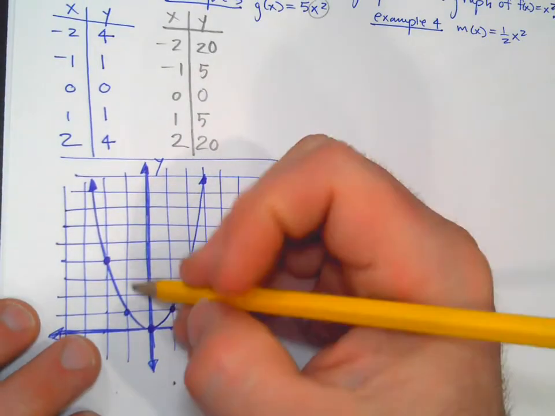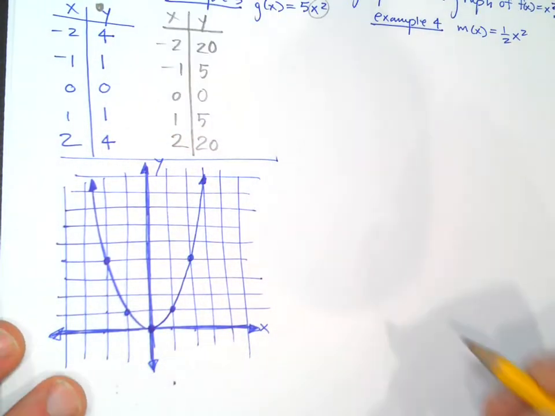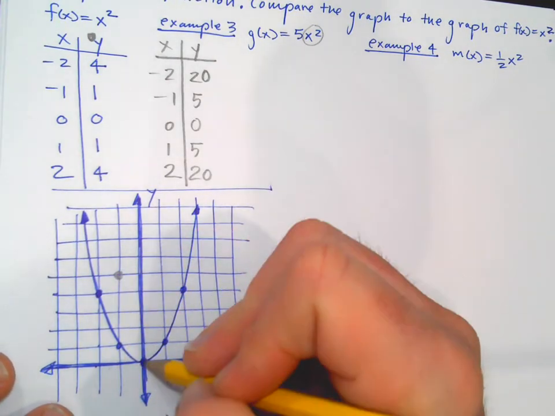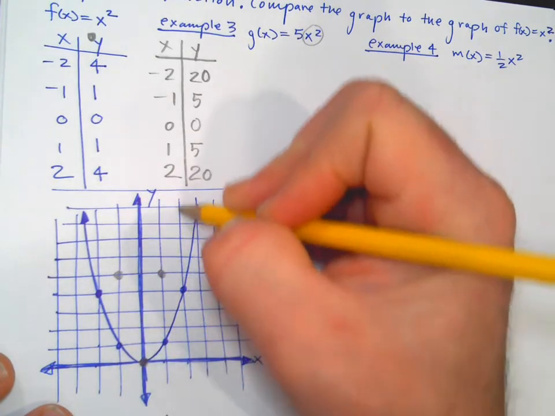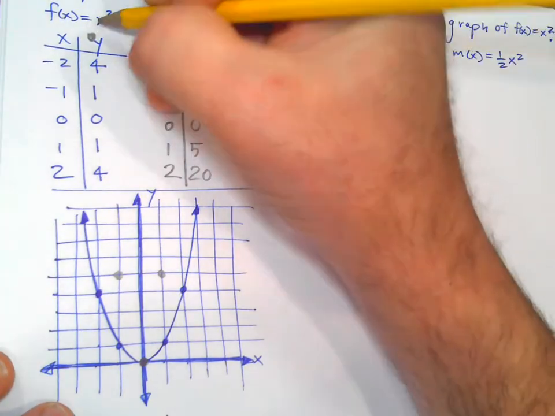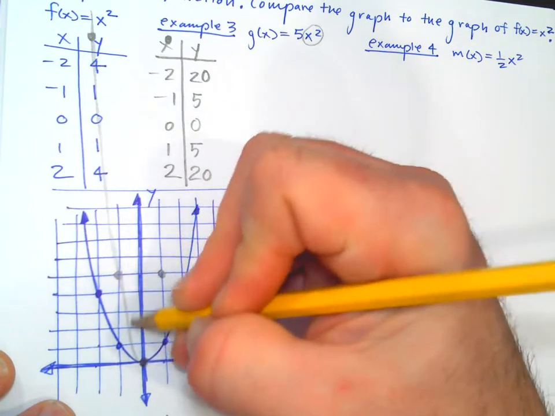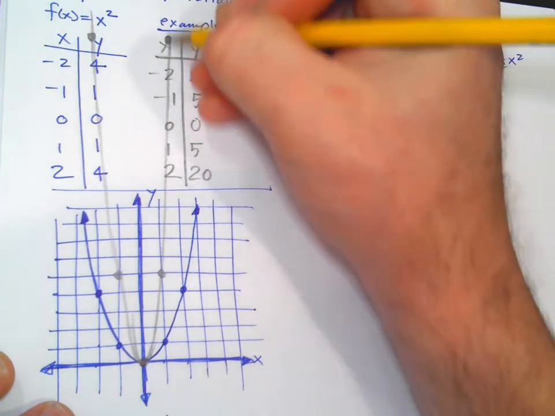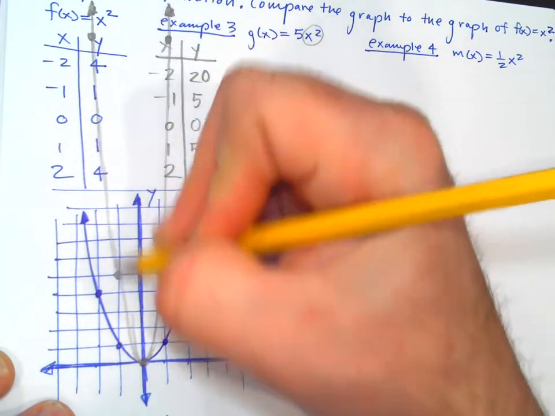So -2, 20 would be all the way up here. -1, 5 is going to be right here: left 1, up 5. 0, 0 is there. 1, 5: you go right 1, up 5. 2, 20: you go right 2, up 20, so that's way up here. Then we connect the dots with a nice smooth curve, not a sharp V down there. It's got to be a smooth curve with arrows on the ends. Okay, that's part of the graph that you need.